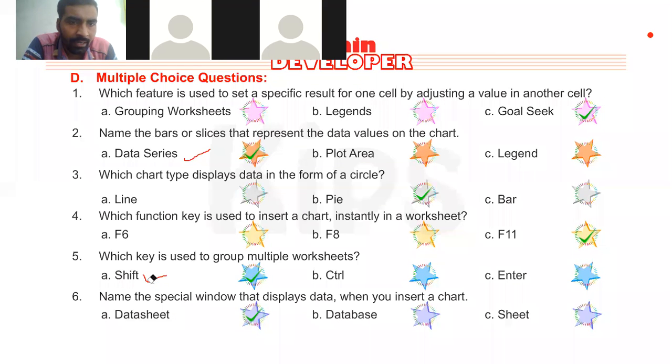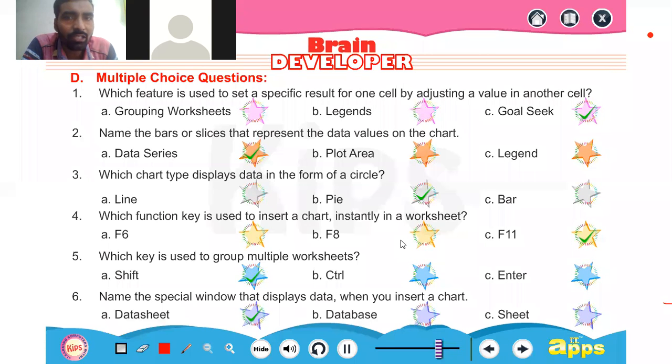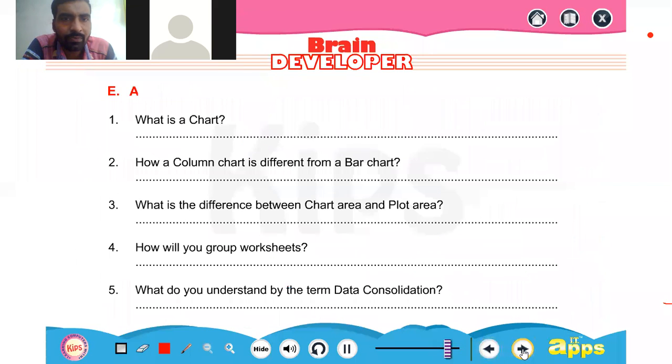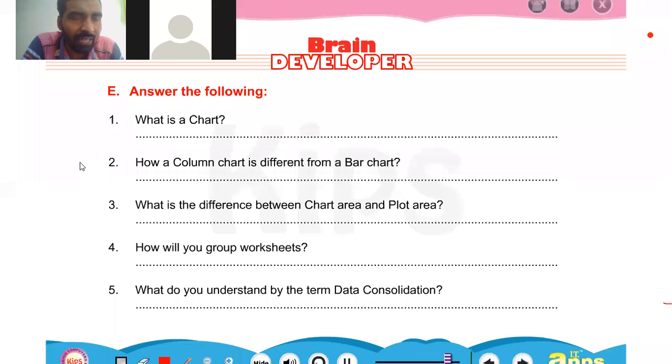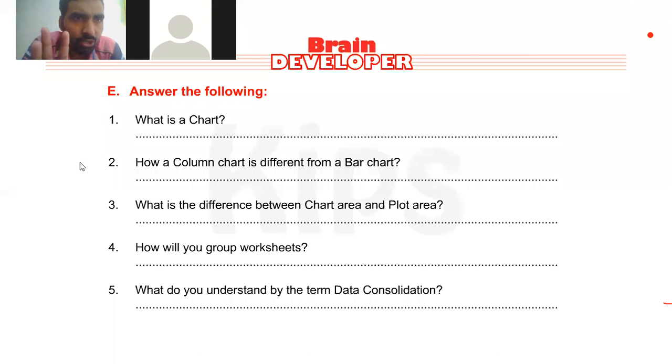Okay. So all your exercises are finished, that is fill in the blanks, true false, application based question and multiple choice question. Now we have next, Answer the following. See students, here the questions are given. I am going to discuss these questions.